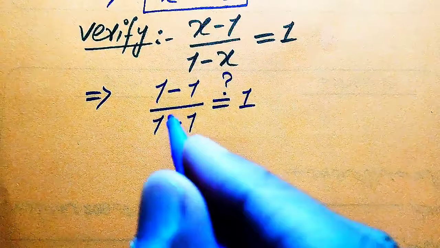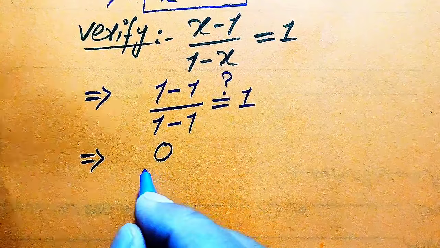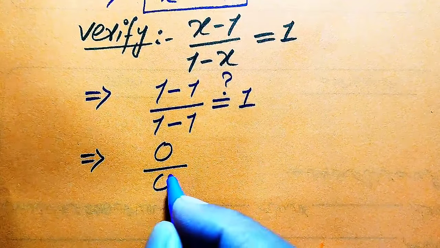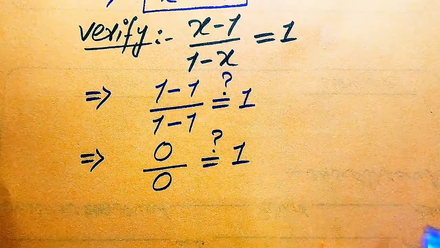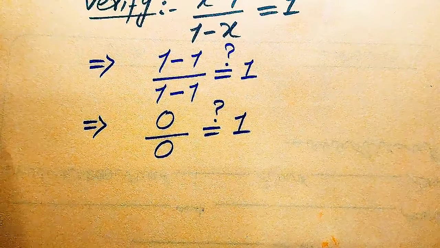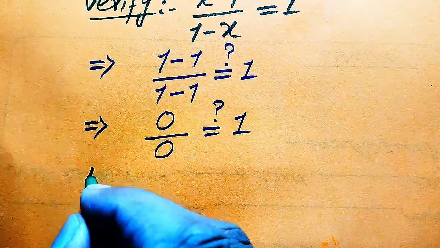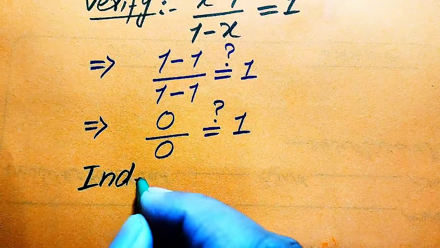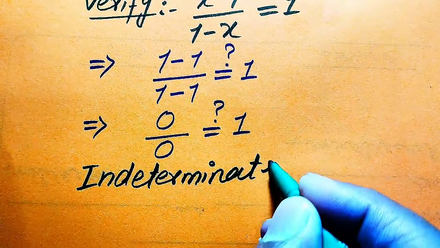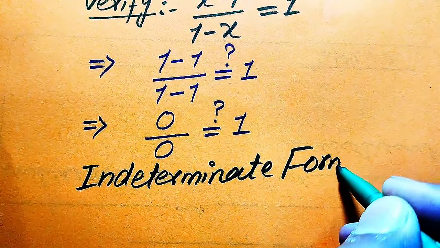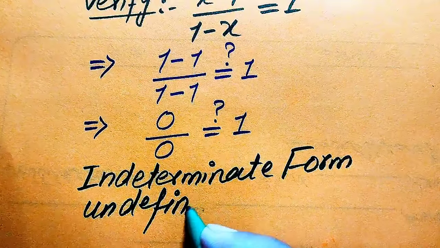And further, if you see the left hand side, we have 1 minus 1 becomes 0, and this 1 minus 1 also becomes 0, is equal to 1 or not. Now you see the left hand side is of 0 by 0 form, and usually we call that the indeterminate form, or in other words we say that it is undefined.